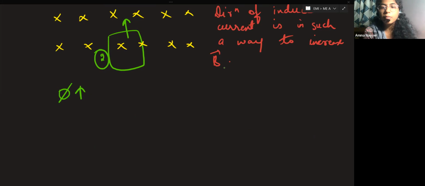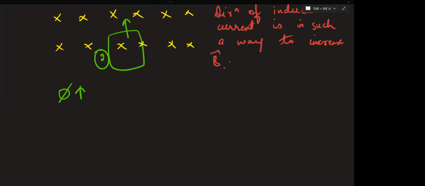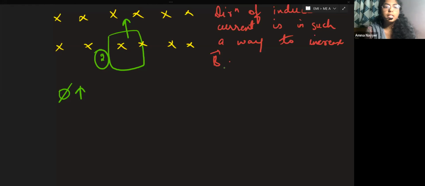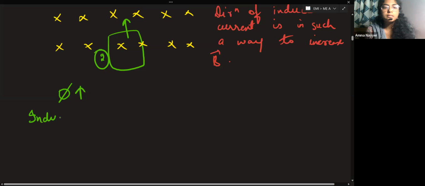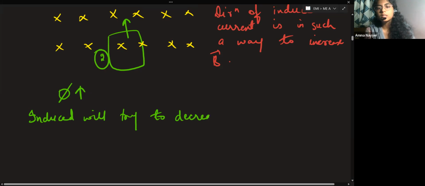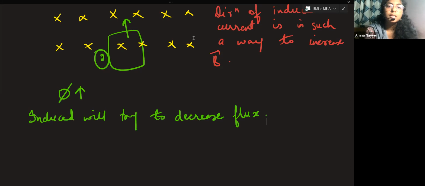Atif, can you tell me what is the aim of the induced current right now? To decrease the magnetic flux. Exactly. Now, induced current will try to decrease flux.